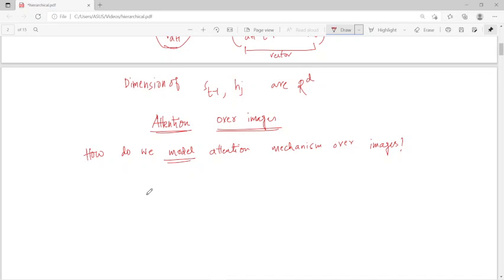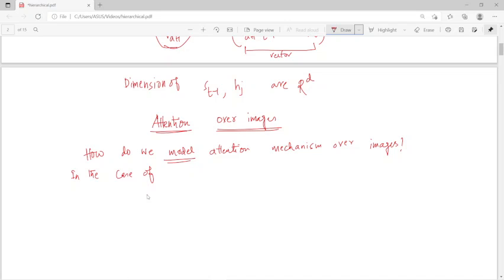That means in case of text, we have a representation for every location of the input sequence. But in case of image, that is the problem: we don't have the location of the input sequence, right?